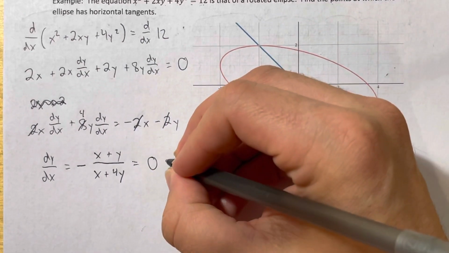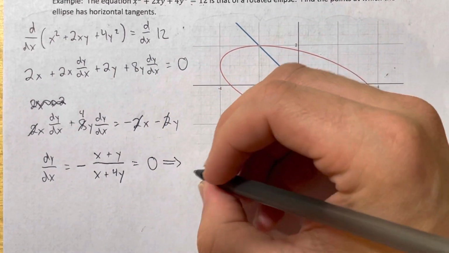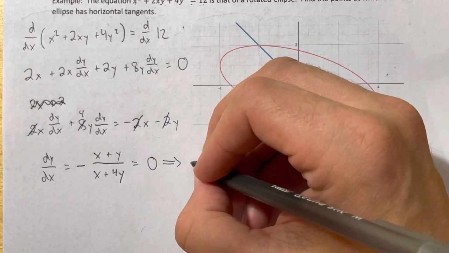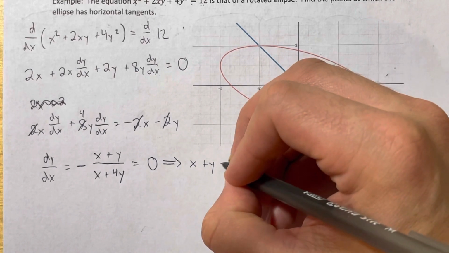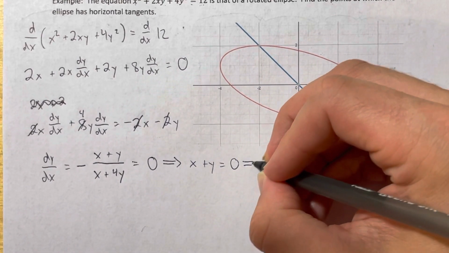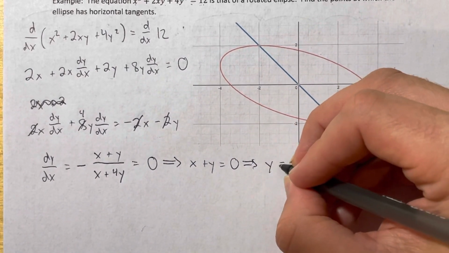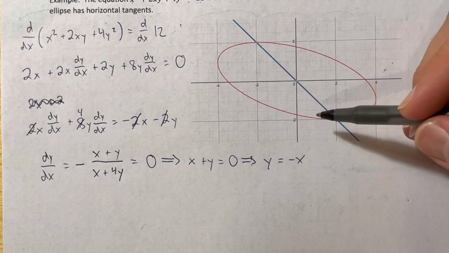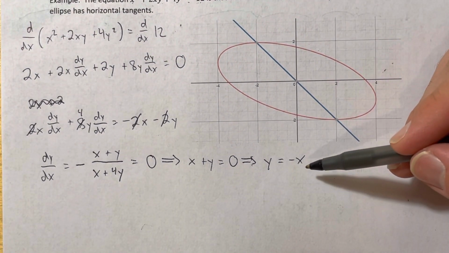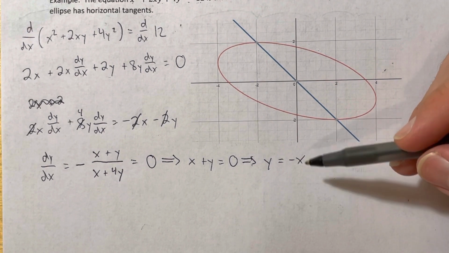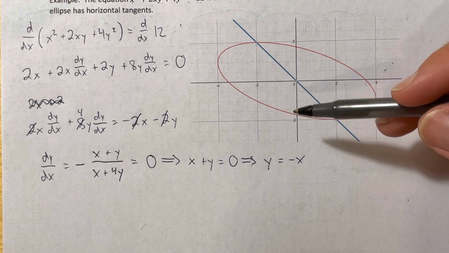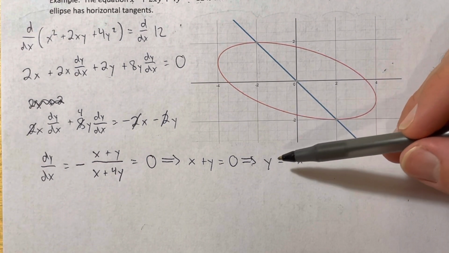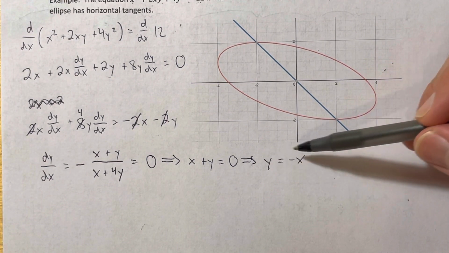Well, this is equal to 0 only when x plus y, my numerator, is equal to 0. Or, said differently, when y is equal to negative x, if I solve for y here. So this indicates that if I'm going to have any points on my ellipse where the tangent line is horizontal, it's going to coincide with points on the line y equals negative x.